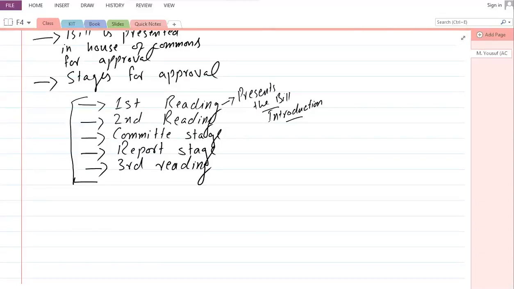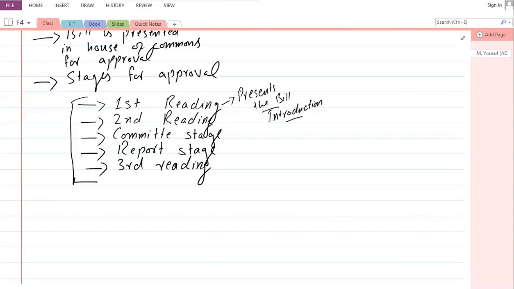Who are the members at House of Commons? They are called MPs. So a copy of that bill will be distributed among every MP present at that time in House of Commons, and they will read it. The presenter will speak with the House of Commons.